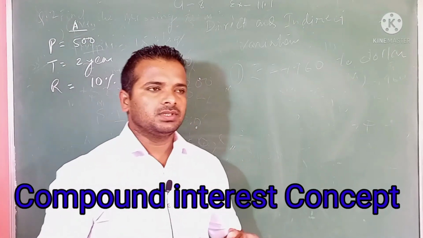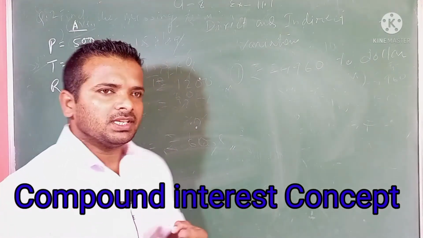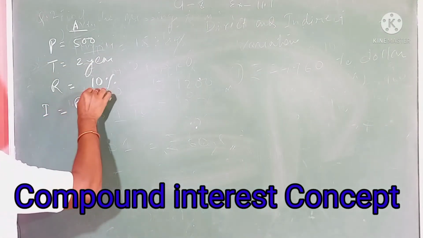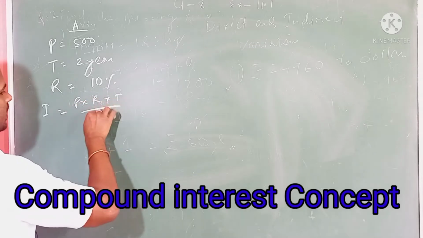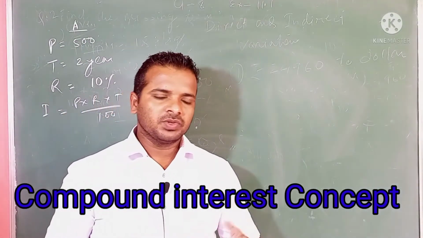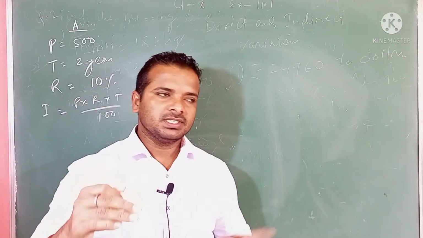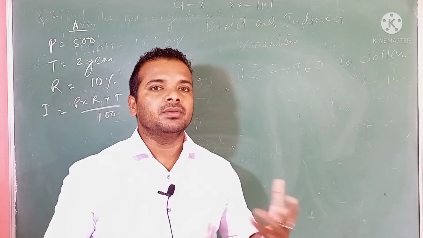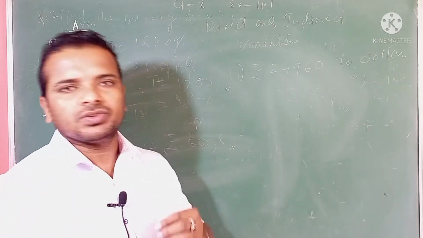So if it is simple interest, simply the formula is interest is equal to P into R into T by 100. Actually, in compound interest we are going to do simple interest only, but year by year, part by part. I am not teaching you the formula.